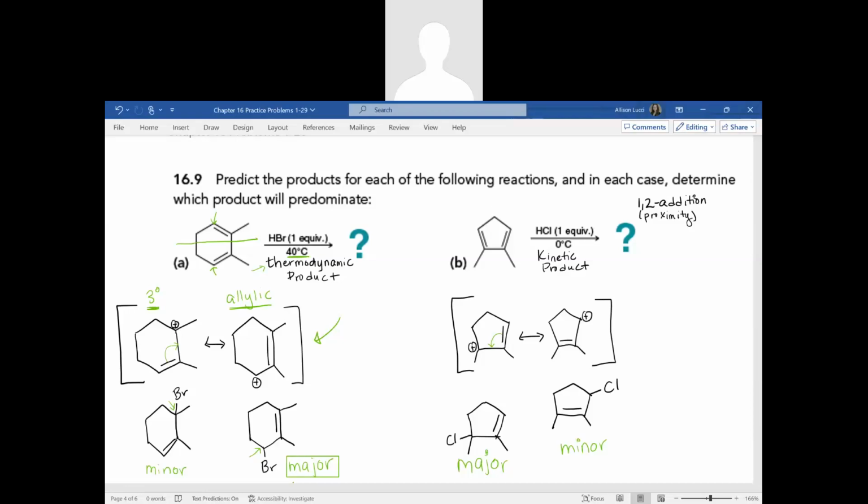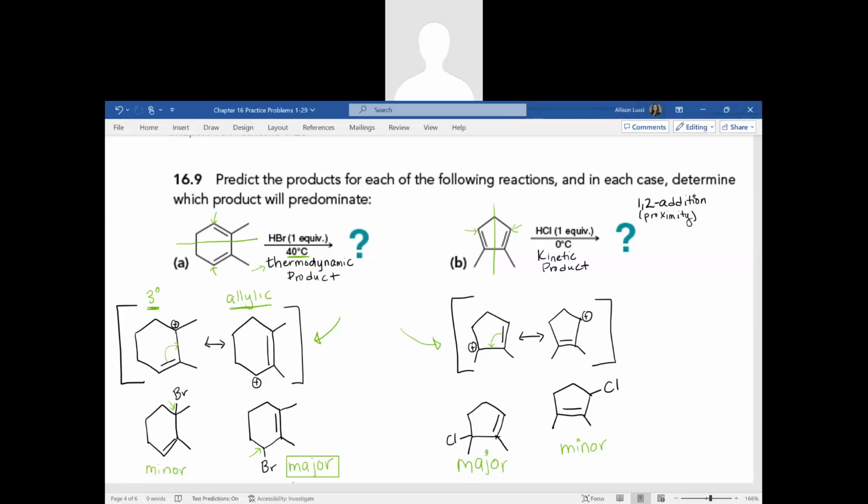We also have this symmetrical diene, so we would only need to consider one end of our conjugated system, right, since they're going to generate the same product. So we have here shown our resonance stabilized carbocation that would be formed after protonation at one of these locations.